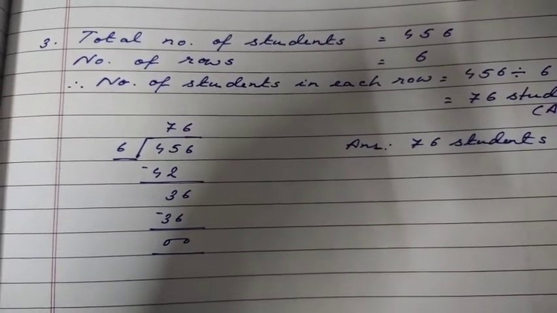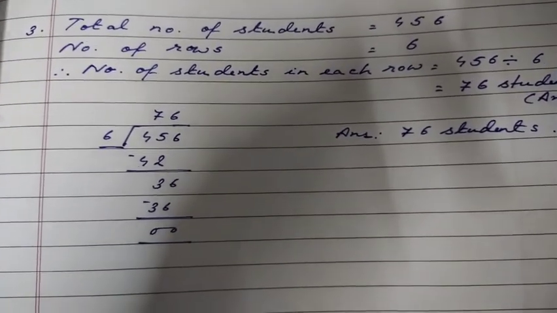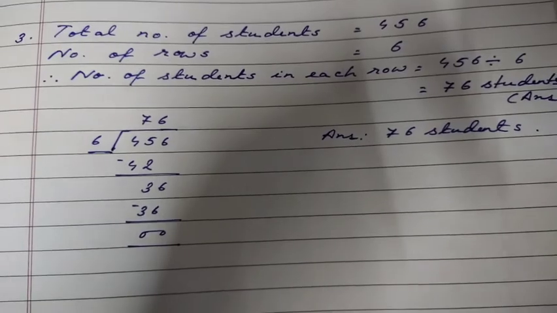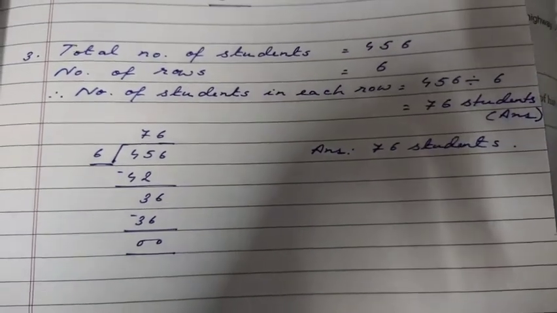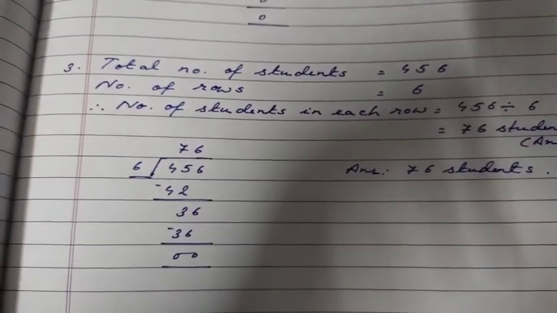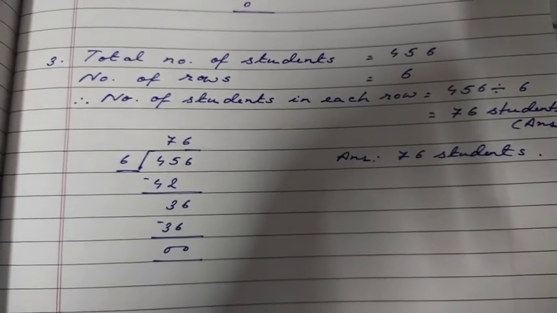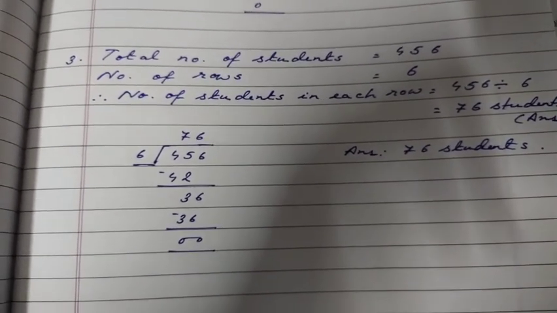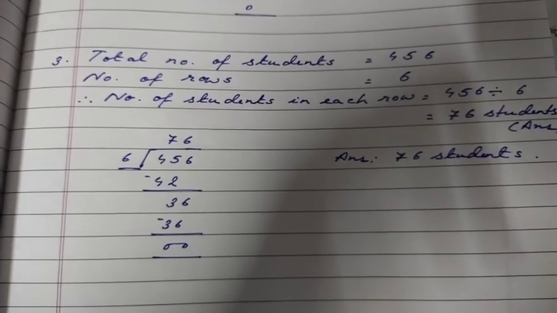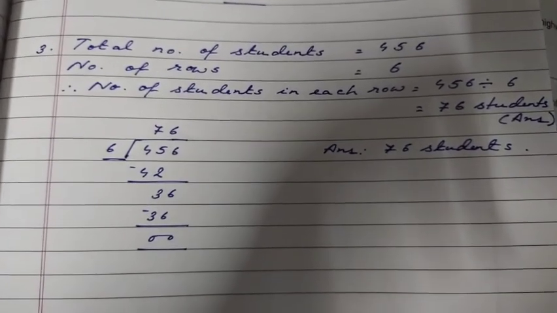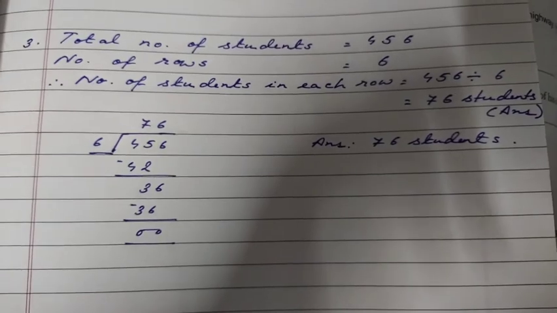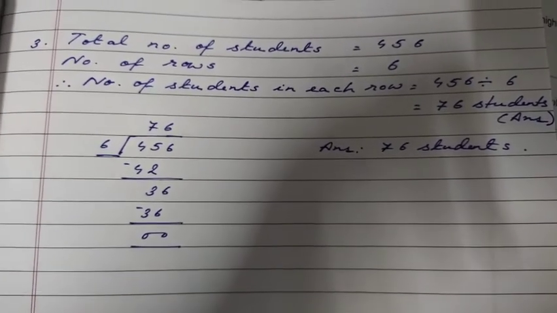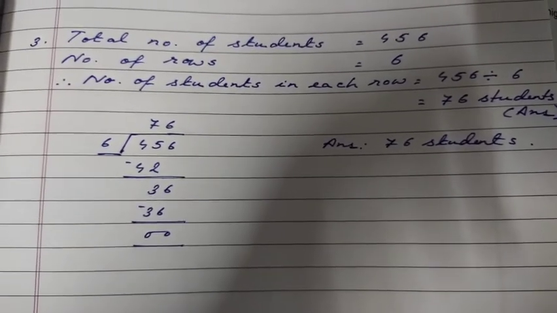Then 6 will come down. 6 6s are 36. 36 minus 36, 0. 76 students will be your answer. Total number of students 456. Number of rows 6. Therefore, number of students in each row equals 456 divided by 6 equals 76 students. Very easy. See properly.